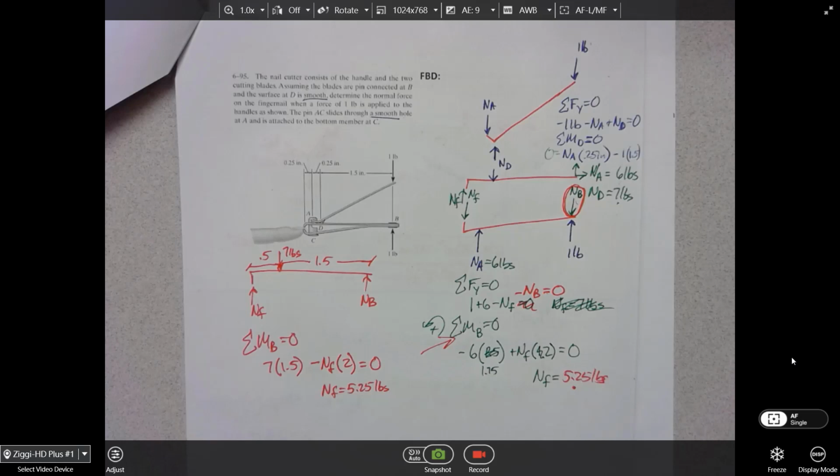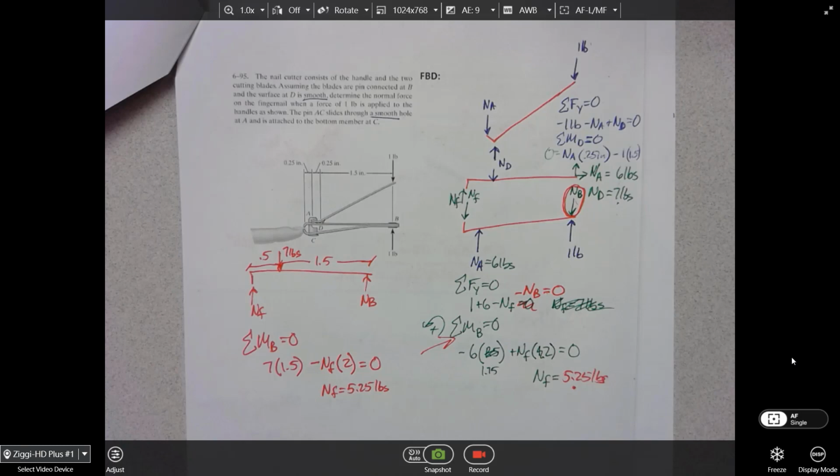So I think we can actually solve for in this top one. We can say that the sum of the forces in the Y has to be equal to 0, and so we'll have 1 pound down minus NA plus ND equals 0. Okay, two unknowns. We're going to have to write another equation. I'm going to suggest we sum the moments, and let's sum them about D and set those equal to 0.